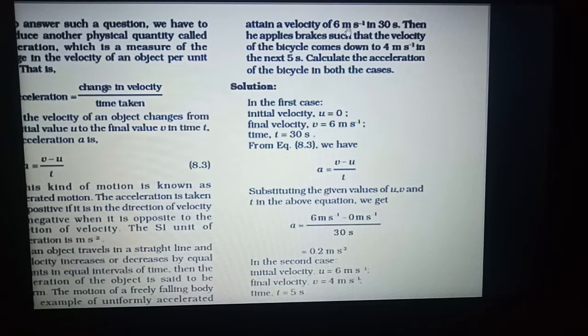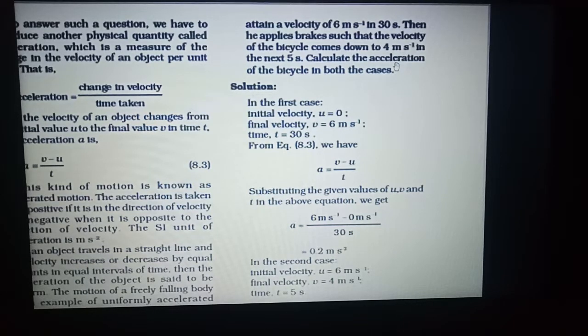And he attained finally the velocity of 6 meter per second in time 30 seconds. So now here given v is equal to 6 meter per second and time given to you is 30 seconds. Then he applies a brake such that the velocity of the bicycle comes down to 4 meter per second.